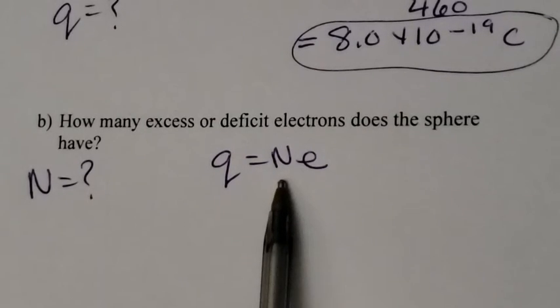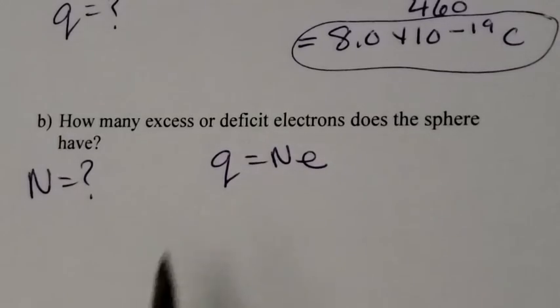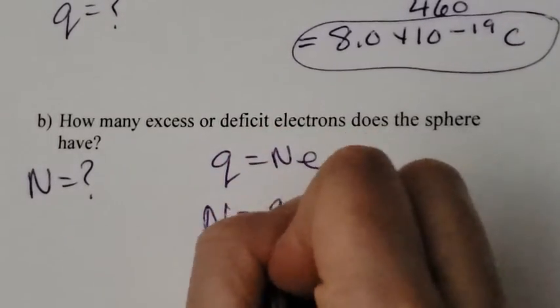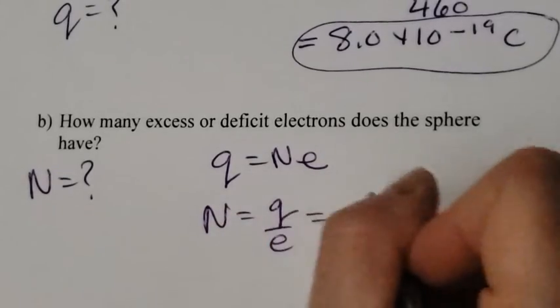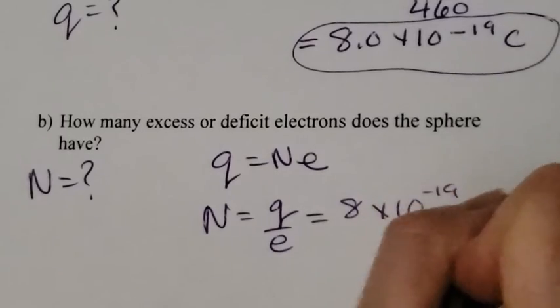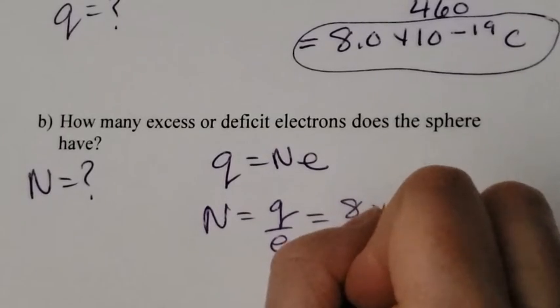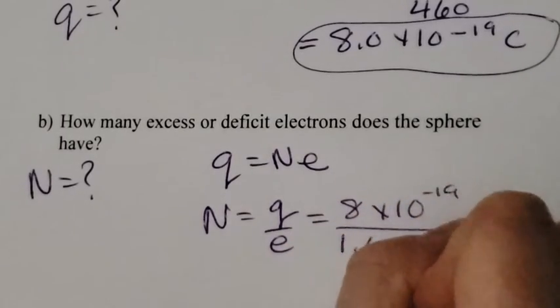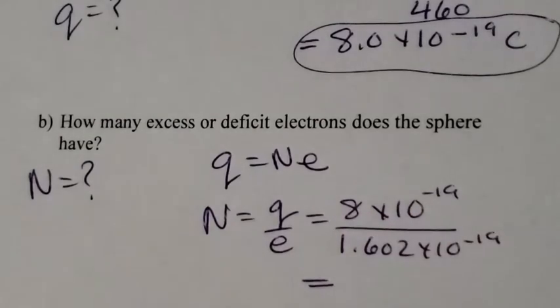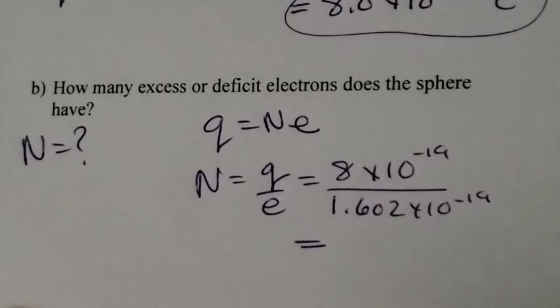All I have to do is rearrange for N. To get N by itself, I bring the e over by dividing it. So N is equal to Q over e. Put in my Q, divided by my e. And when I put that into my calculator, I get 5.